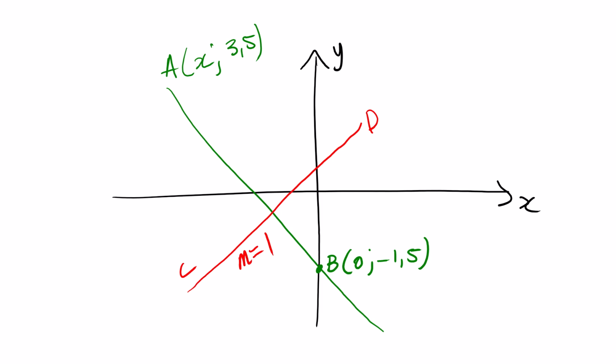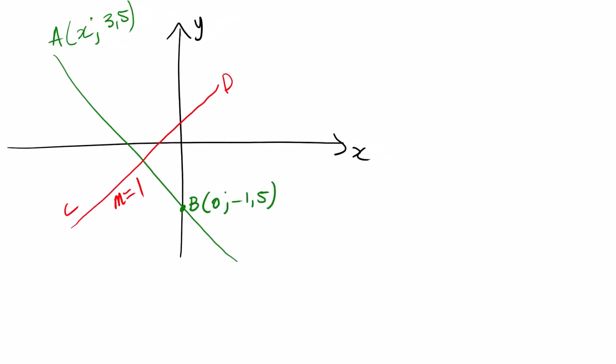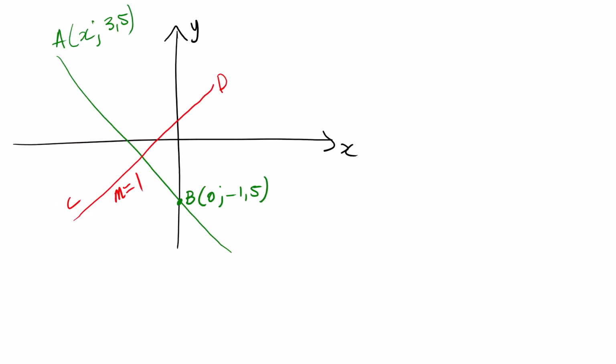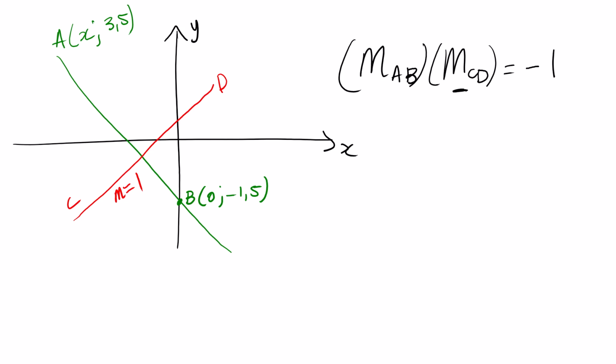Calculate the value of x. The two lines are perpendicular to each other. Now remember the gradient of AB multiplied by the gradient of CD, our answer will be -1 provided they are perpendicular to each other. Now we have this one, no need to expand, so we can expand this.